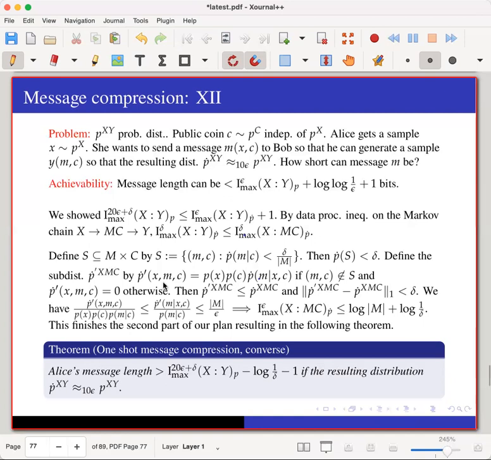Now let's track things down. So X is coming from PX, and the coin is coming from some distribution PC, which is independent of everything else. So that's why it's PX times PC. Then P dot will create M given X. In fact, this is a concentrated distribution, a point distribution, because the protocol is deterministic.